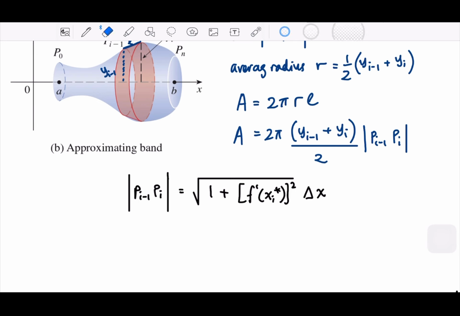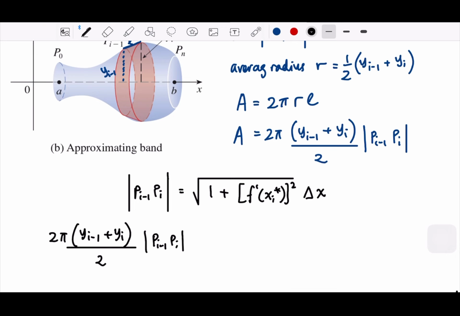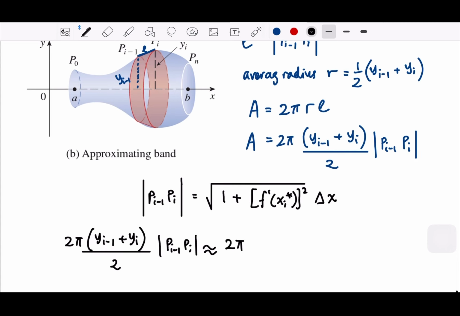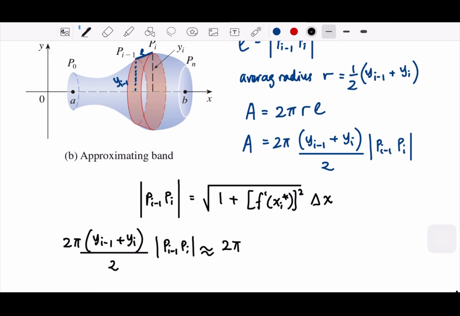Or let me write from 2 pi and then distance. This is equal, or let me write with approximating 2 pi and then this one here, we did something here, right?